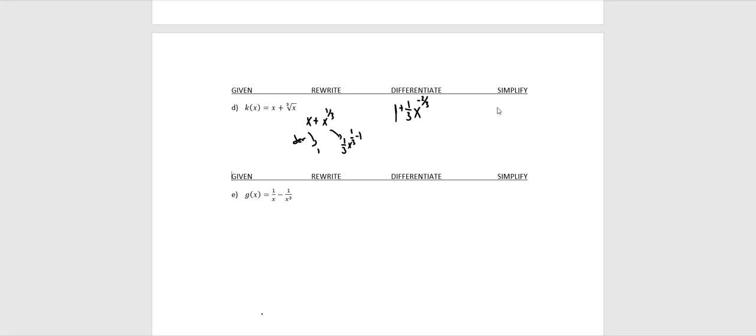And to simplify that, we would have k prime of x equals 1 plus 1 over 3 cube root of x squared. All right, cube root, denominator. X is squared because the numerator is 2, and it's in the denominator because of the negative exponent.